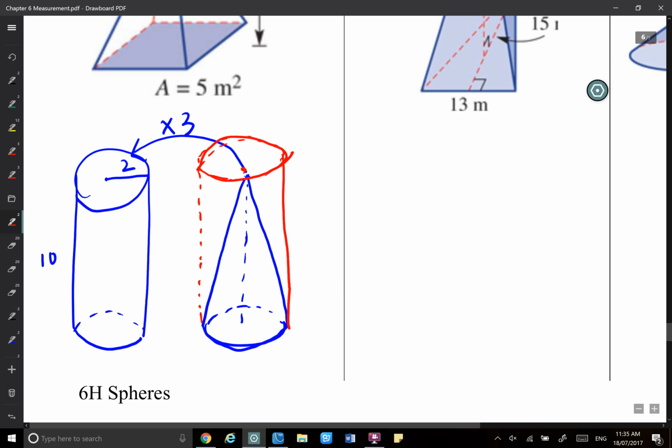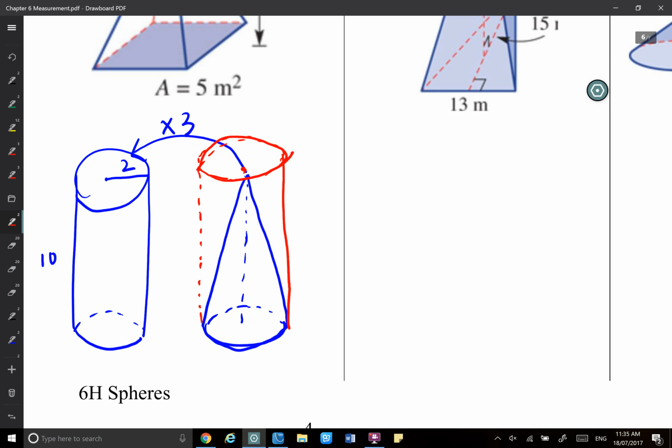So definitely the cone will contain less water, but the relationship is 3 times. This is a third of that. So we can calculate the volume of the cylinder first and multiply it by a third, then you will get the volume of the cone.